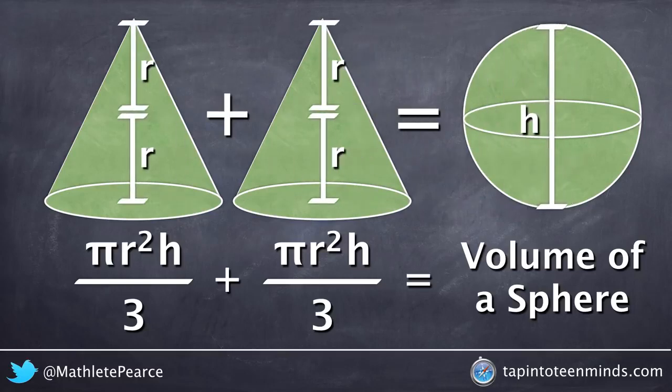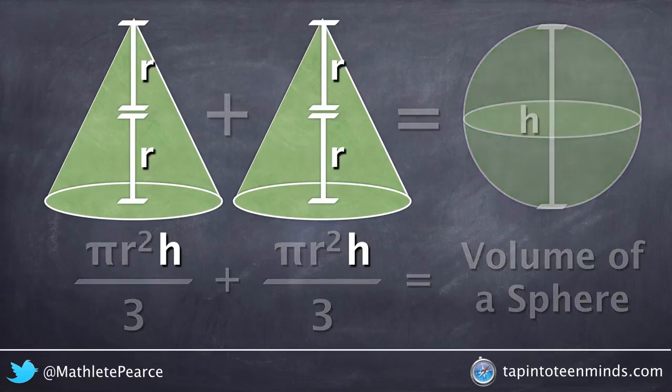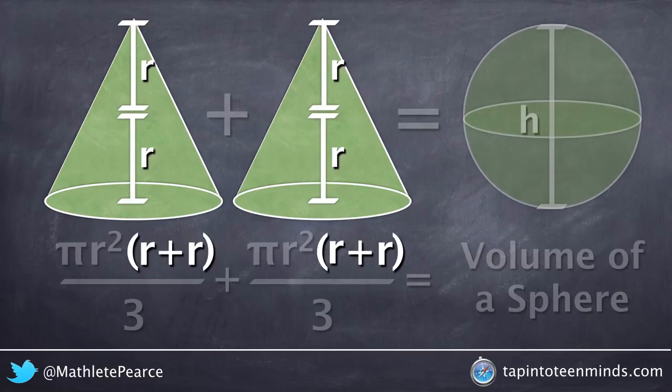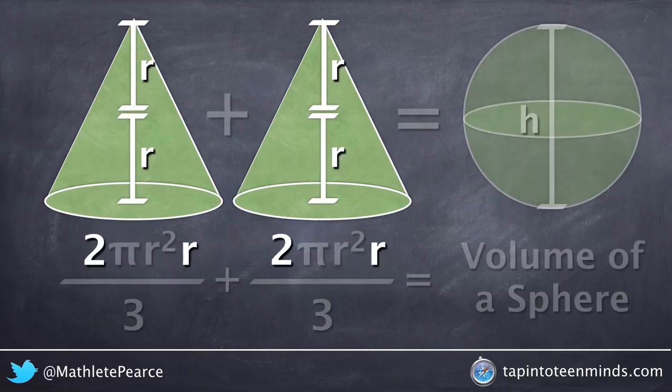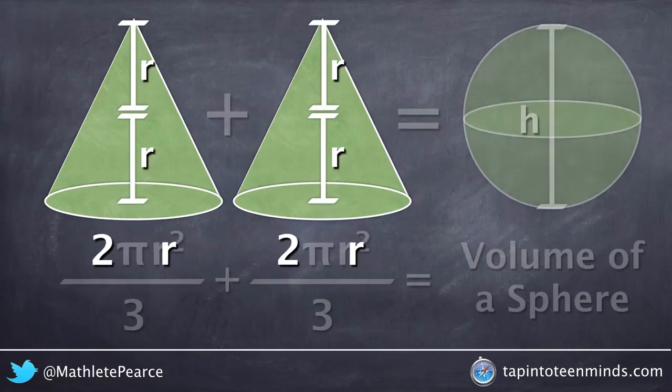So rather than calling the height of the cone h, we could essentially replace h with r plus r, or 2 times r. Following mathematical convention, we'll bring the coefficient of 2 to the front of the term. And simplifying r squared times r, we get r cubed.